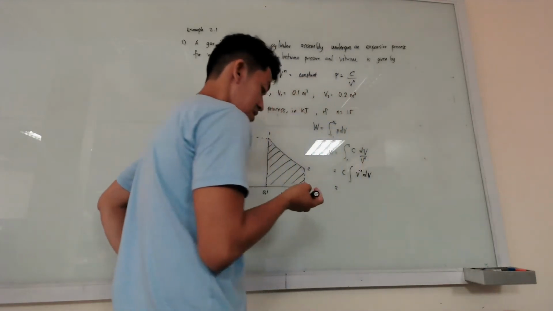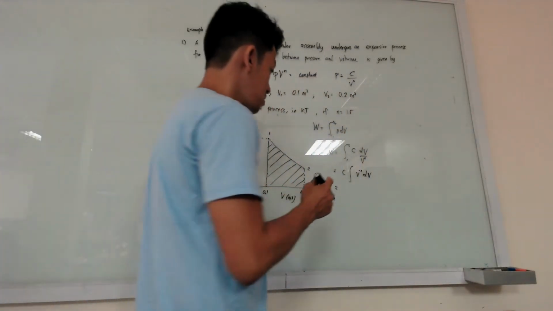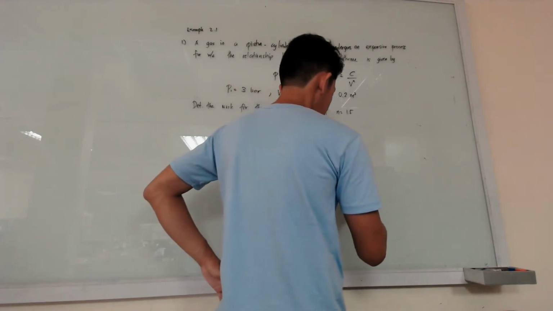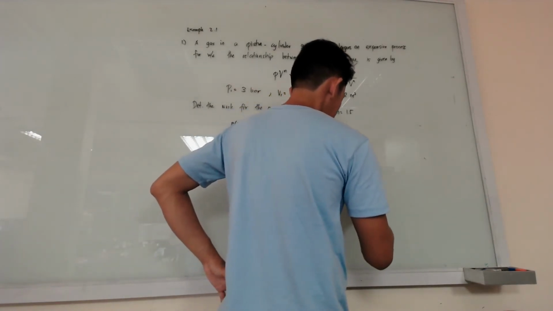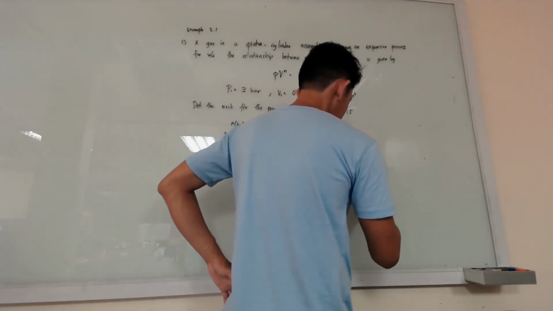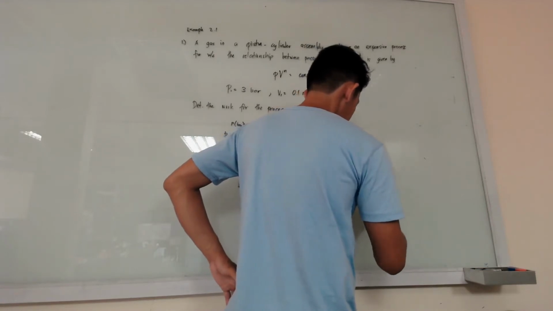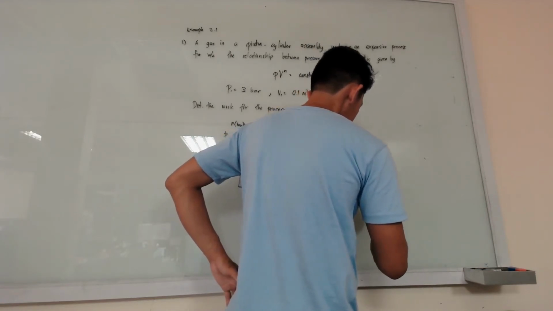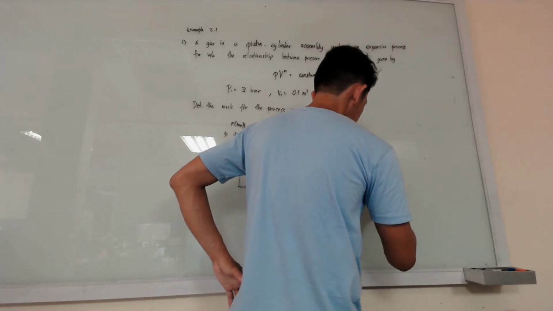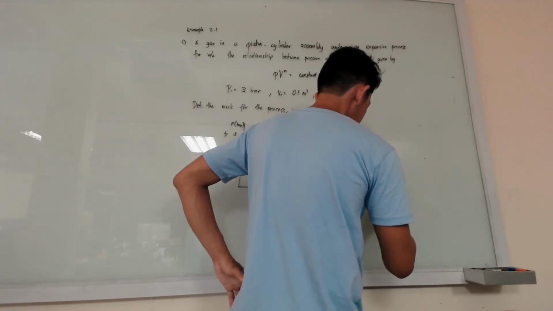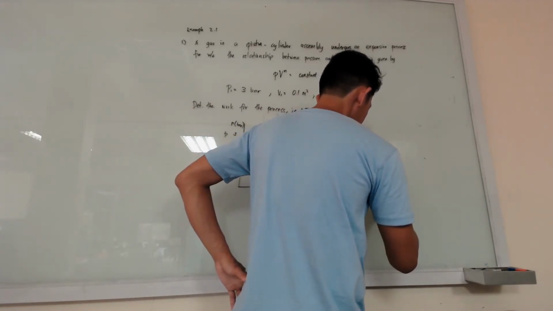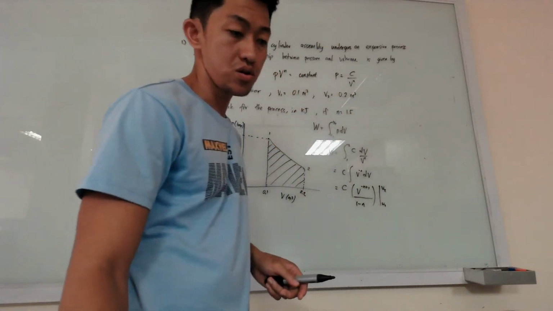So this gives C times V to the negative n plus 1, over 1 minus n, from V1 to V2.